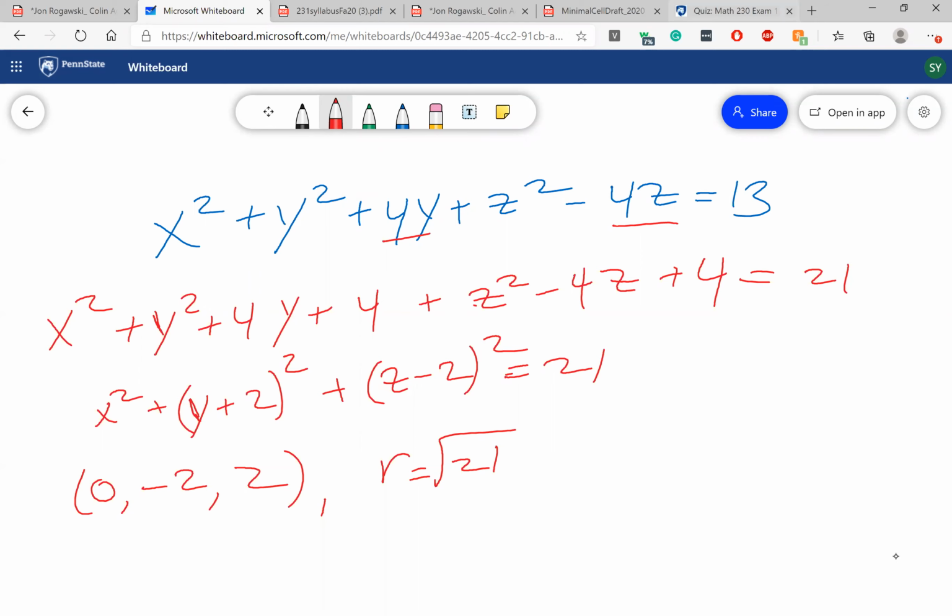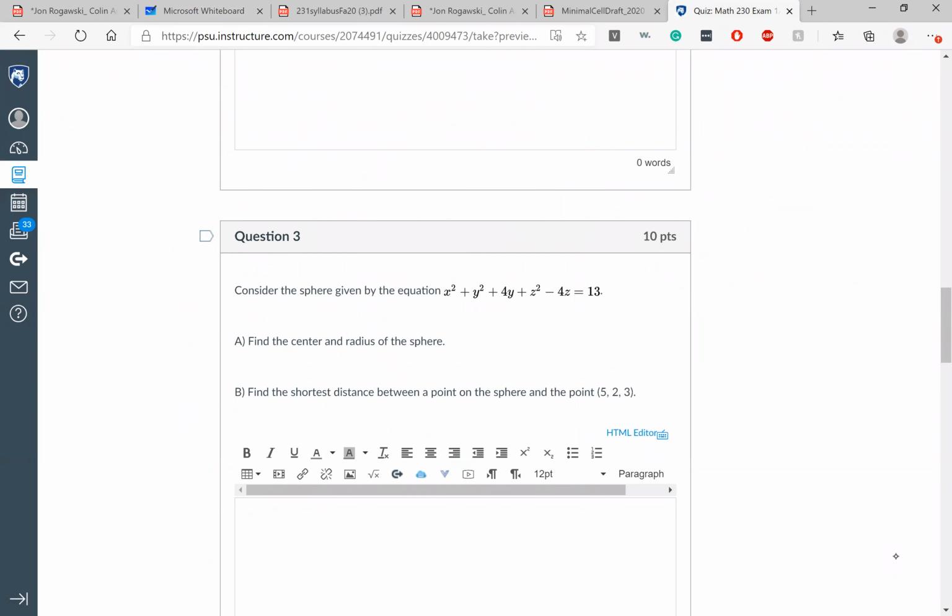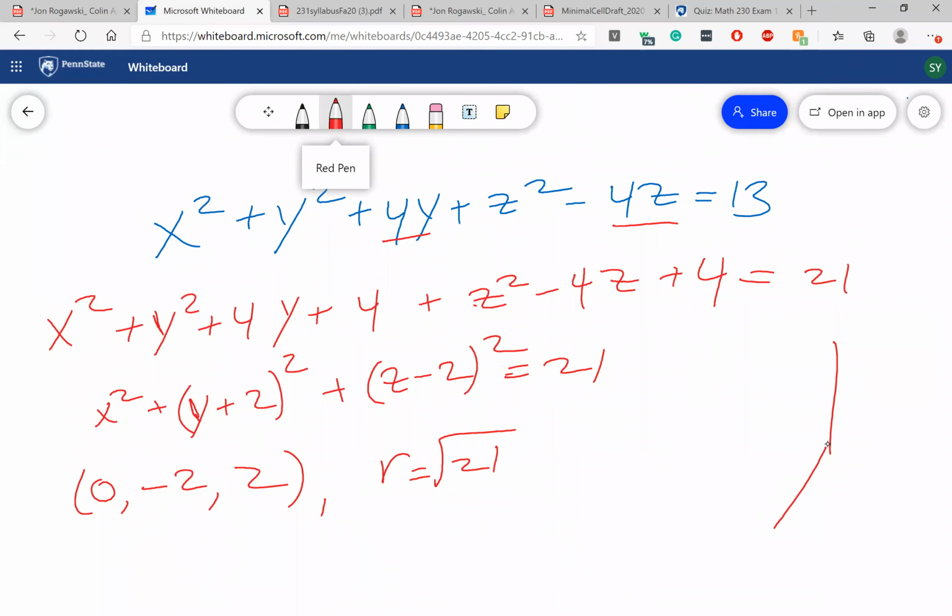Fine. So now we have that. So now they say find the shortest distance between a point on the sphere and the point (5, 2, 3). So here's the point (5, 2, 3), and then we have the point (0, -2, 2).